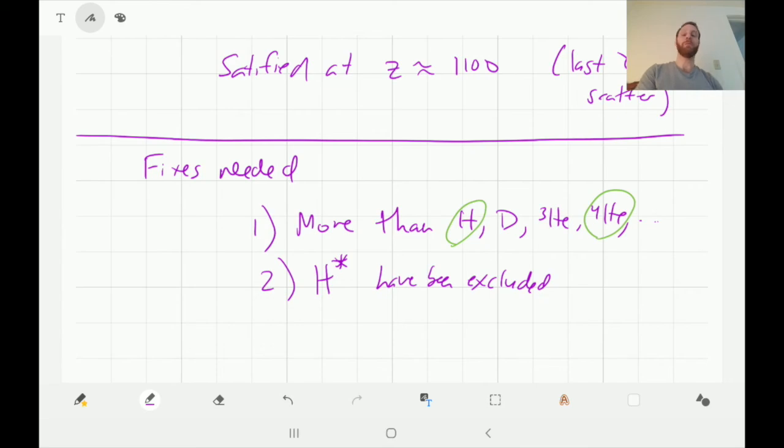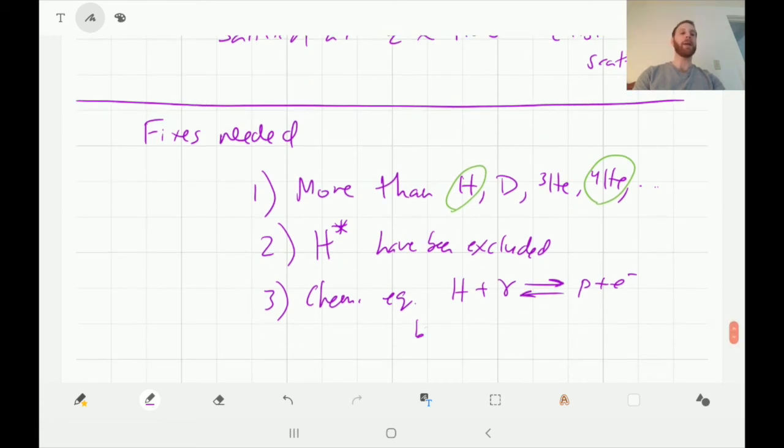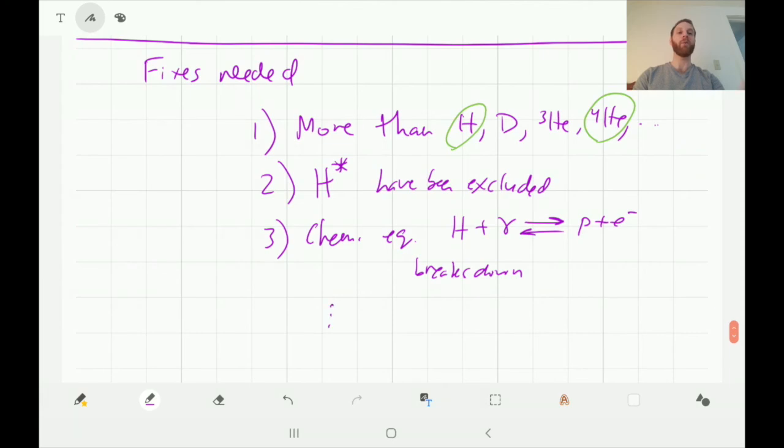Lastly, chemical equilibrium, which we have assumed in this whole analysis, that a hydrogen atom plus a photon going into a proton plus an electron is equally likely as going backward, certainly breaks down at some point. In other words, you end up in a non-equilibrium situation. There may be more fixes that I'm unaware of, but those are the important ones.